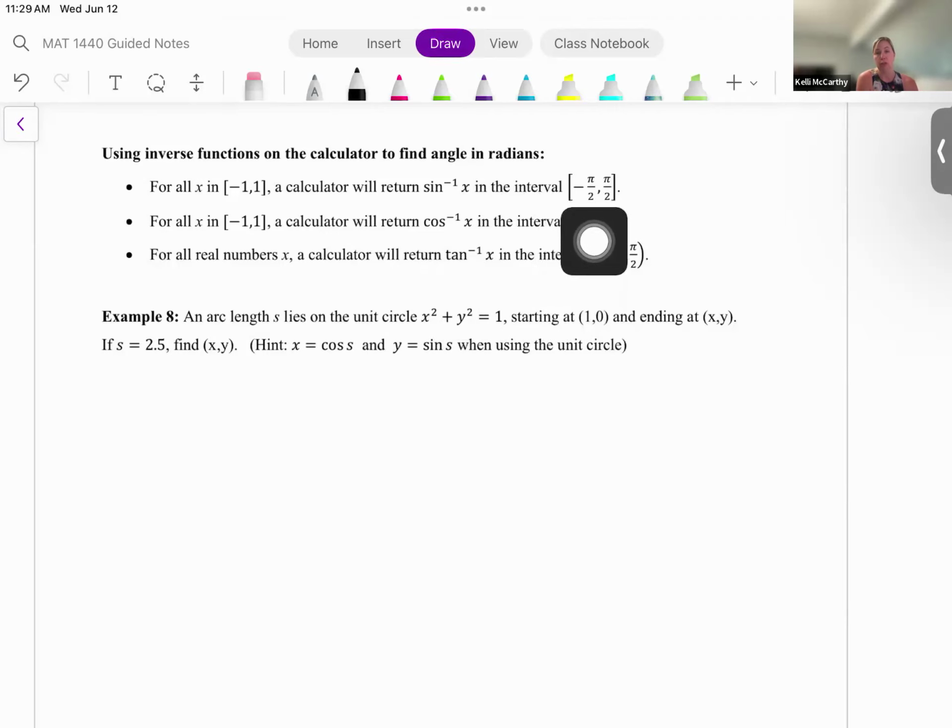For inverse sine, we do include those values of negative pi over 2 and pi over 2. For inverse tangent, we do not. Again, the explanation for why will be forthcoming when we start learning more about the properties of these inverse trig functions. Well, let's see how this is utilized in our work here.